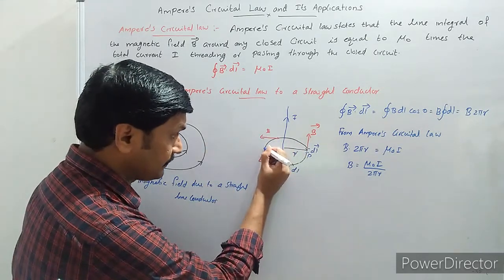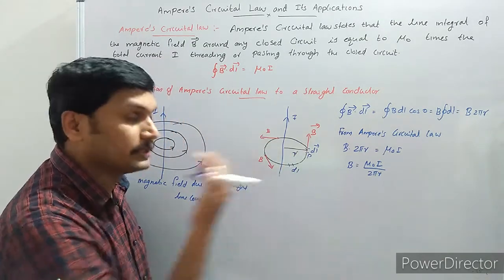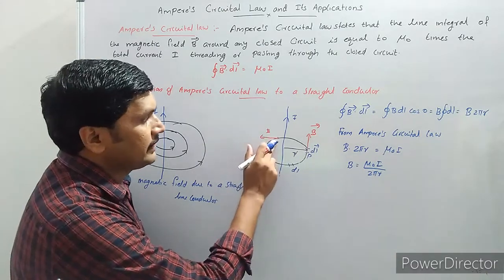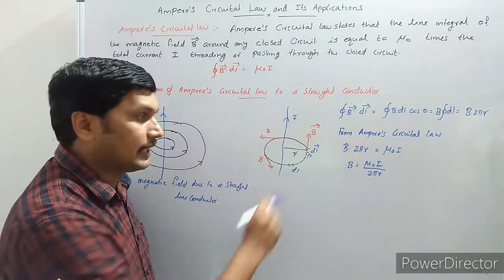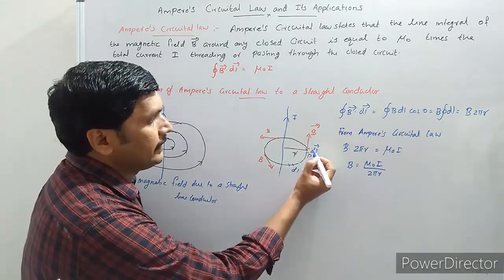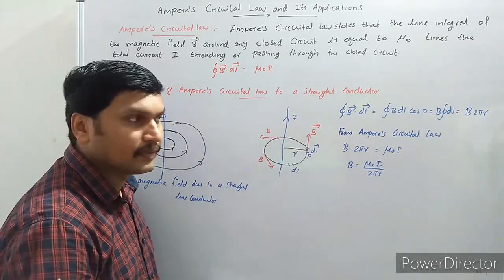So the magnetic field is perpendicular to the plane of the board and outward. In all other regions, we can show that the magnetic field is along the tangent of this circle, or tangent to this Amperian loop. So the angle between B and dl at any point of this loop will be 0.